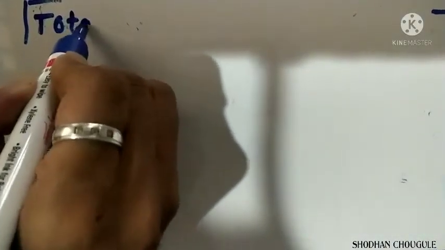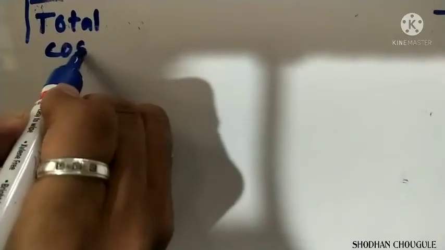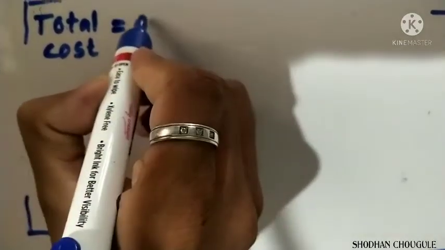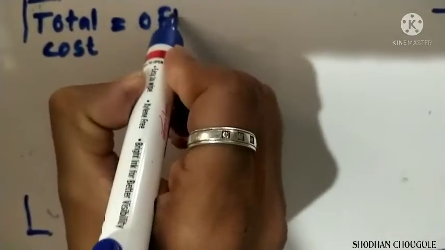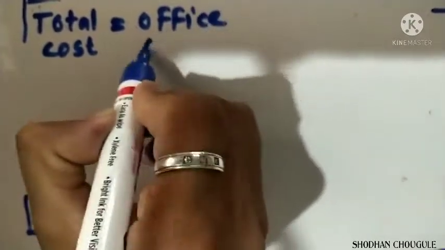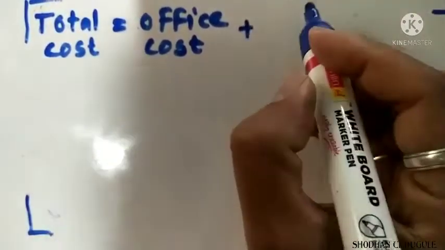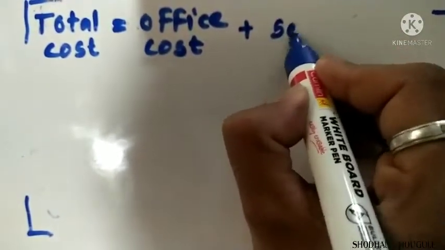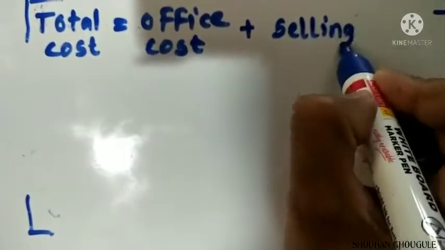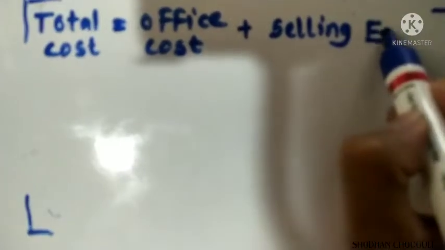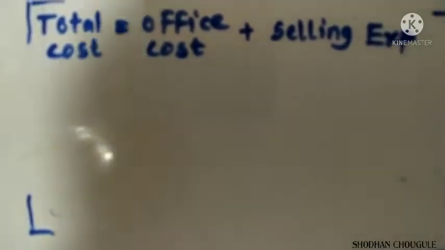So total cost is a combination of office cost plus selling expenses. If we read the problem, what they have given: office cost, we just got 2800, plus selling expenses. How much have they given? They have given half of the factory cost.